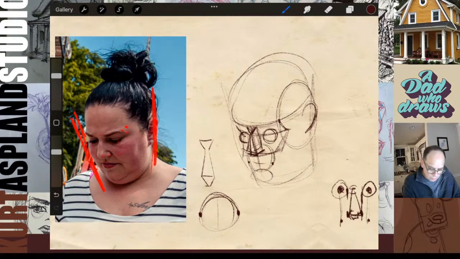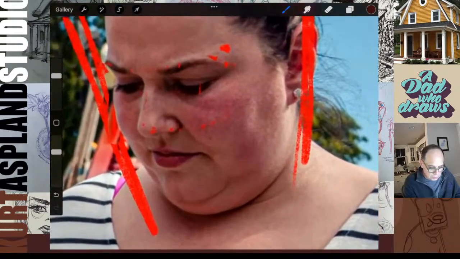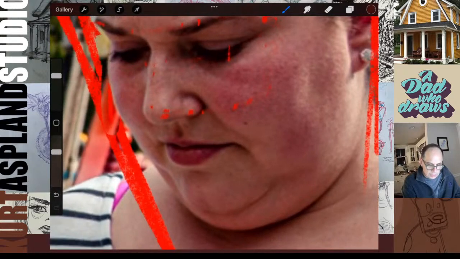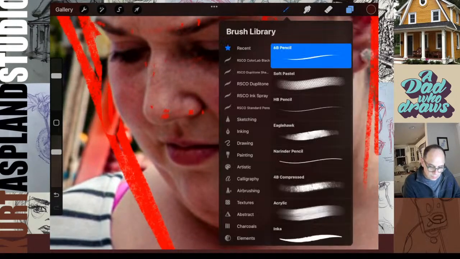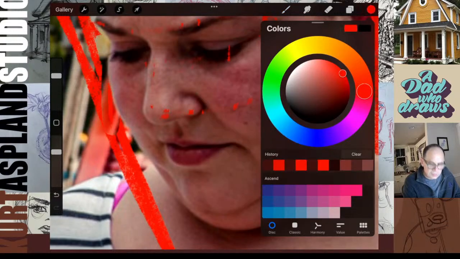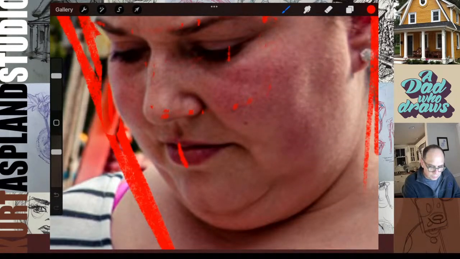All right, so we have our center here. We have our corners of the mouth. So we're just going to come in. All right, there's the top of the mouth. And then we want to observe very carefully, and I'm going to zoom in here so you can take a look at her lips here. Look, this is the center of her lips.